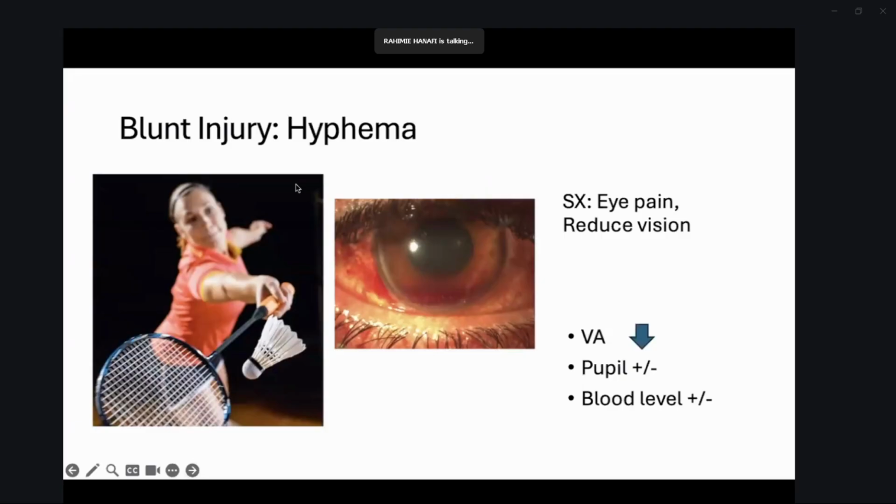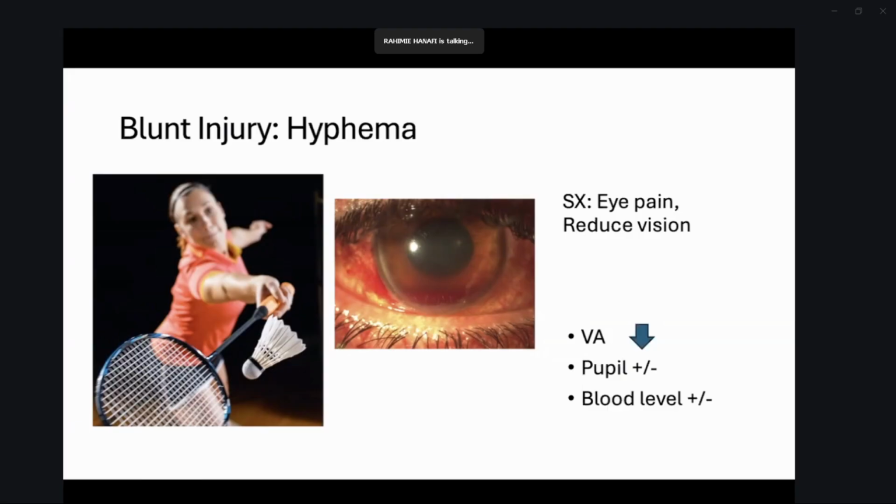The other common presentation from blunt trauma is hyphema. In our Asian eye, because we have a black or dark chocolate iris, it is not easy to appreciate the hyphema, especially when it is minimal or just hairline.